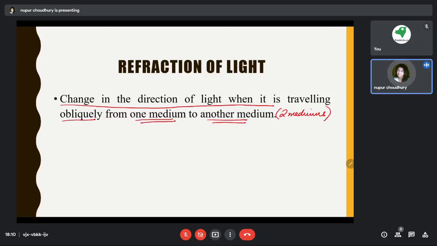One is known as the rarer medium and the other is known as the denser medium. The rarer medium has lesser optical density, and the denser medium has more density. Both of them have different densities, and hence the refraction of light will take place between these two mediums.